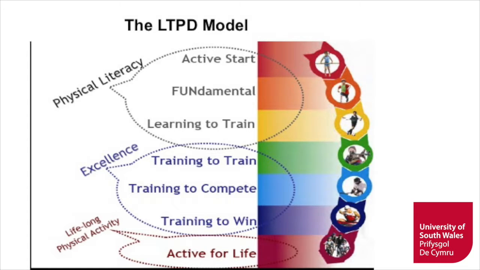So within the physical literacy category, you have the active start, the fundamental, and the learning to train stage. Then further, the excellence category, in which training to train, training to compete, and training to win fall into. And also the lifelong physical activity, where active for life falls into.